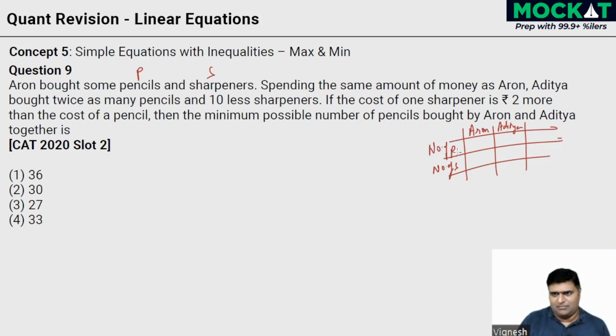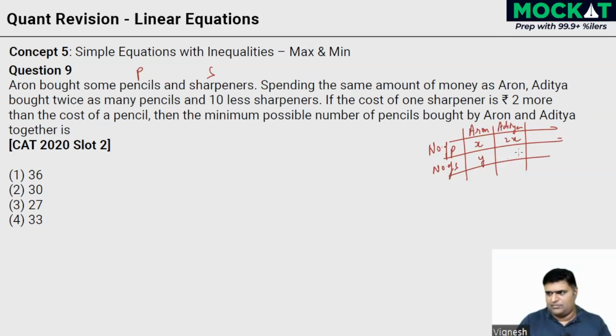So let the number of pencils bought by Aaron be X. Then Aditya bought twice as many pencils, that's going to be 2x. And what about sharpeners? Aaron bought S. Sorry, S has been used.